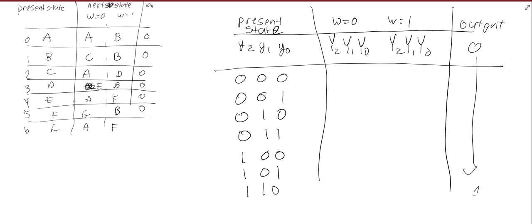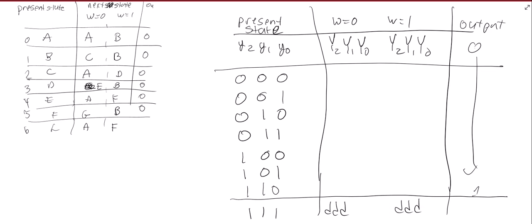You'll notice I'm not using all of my possibilities, so I'm going to put in a 1, 1, 1, and I'm going to put that one in as don't cares, because I'm not expecting to use that one. So we have now assigned our states this way.